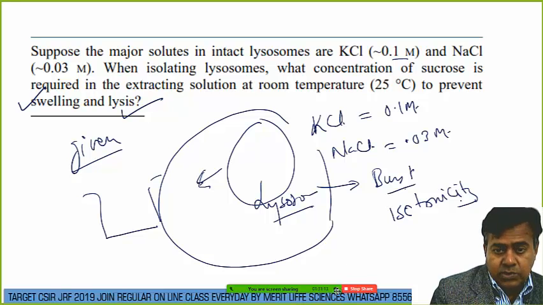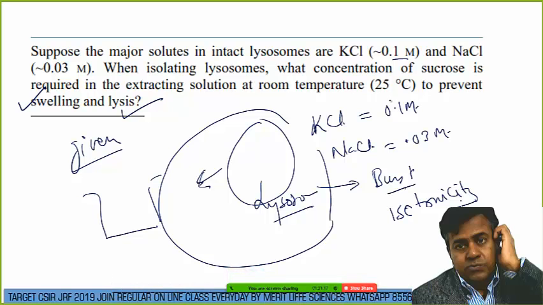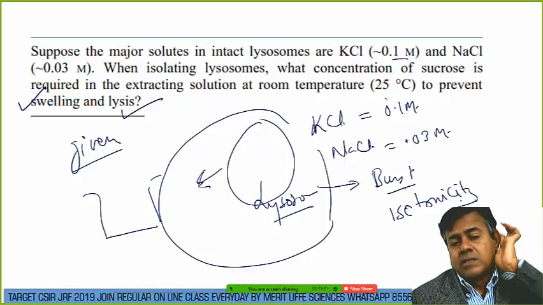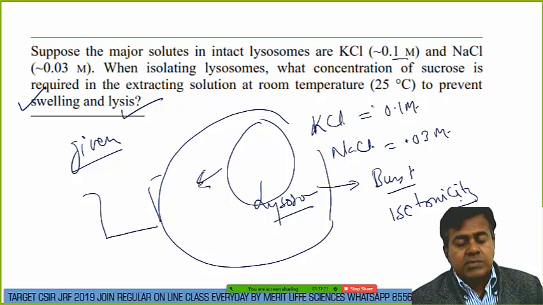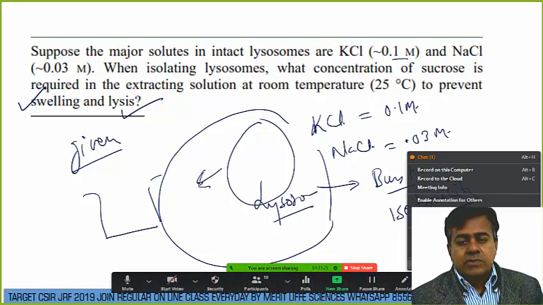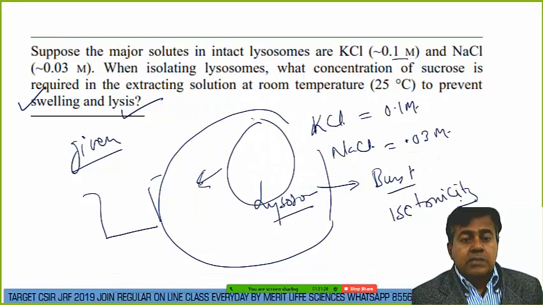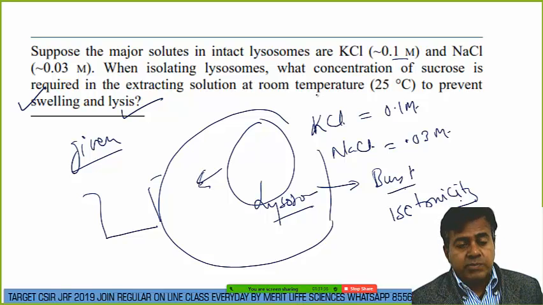So the question is, what concentration of sucrose should be in the extracting solution, because you are going to work in research laboratories, and it can be problematic. What concentration of sucrose is required in the extracting solution at room temperature to prevent swelling and lysis? This is very simple.